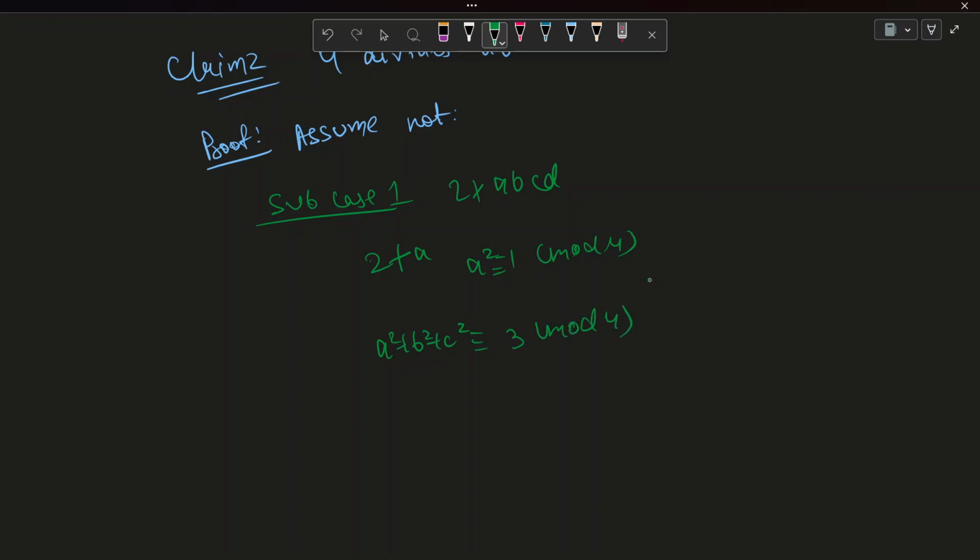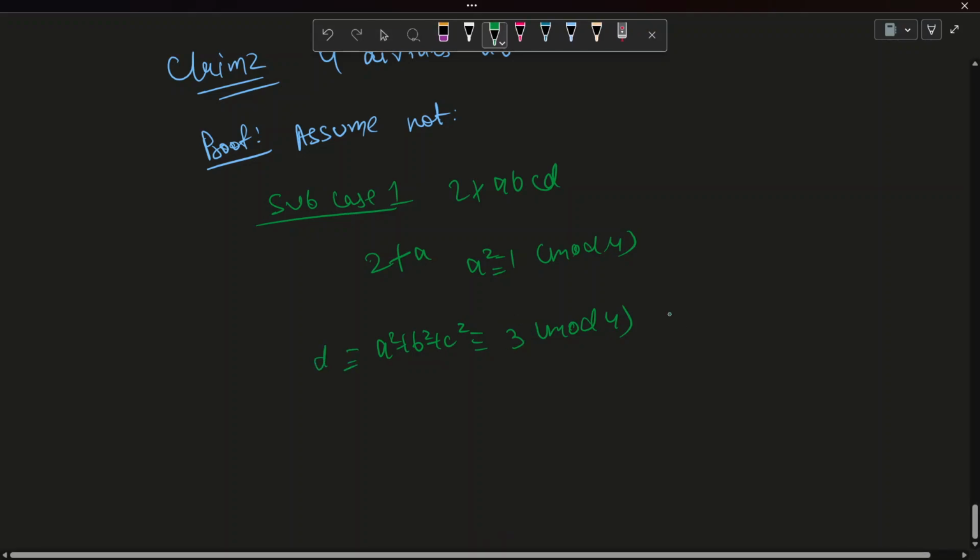But notice that we have assumed that 4 does not divide anything, and in particular 2 also does not divide anything. So d square congruent to 3 mod 4 does not have any solution.